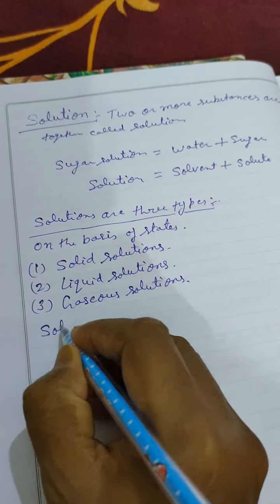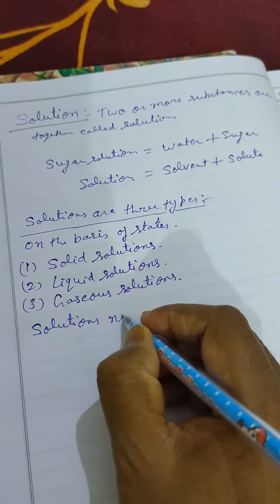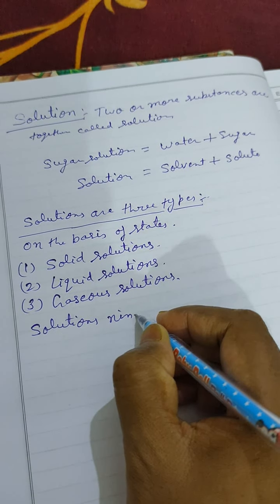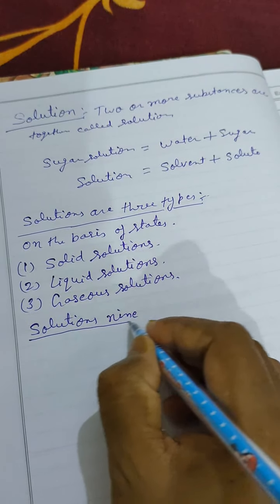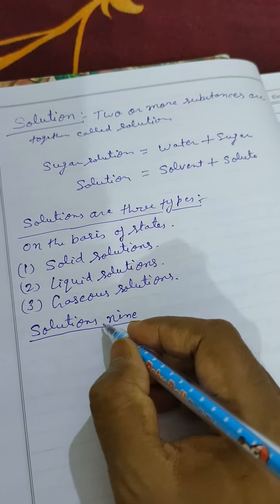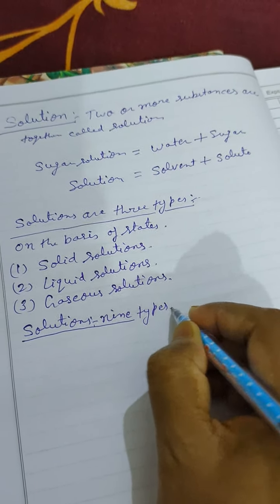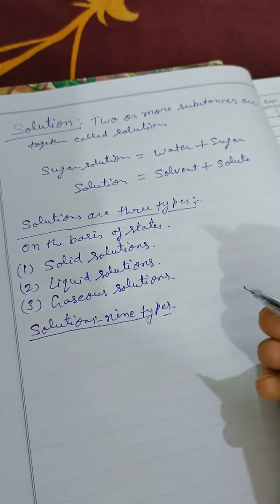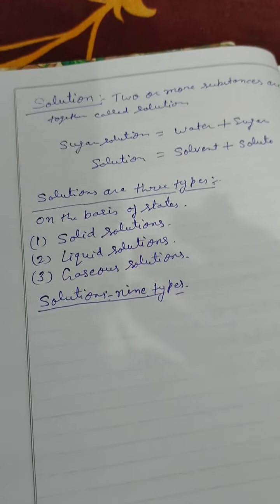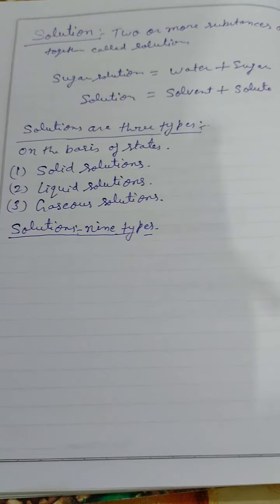The other of the 9 types of solutions are there. So make and draw a table for the 9 types of solution on the basis of solute and solvent.